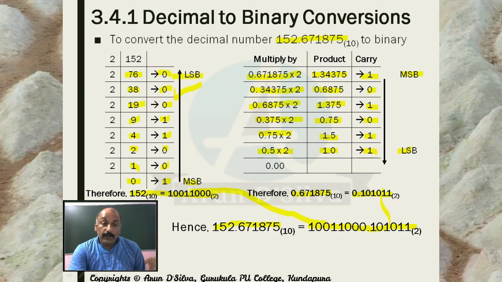So what you have to do at a certain point, if you don't get 0, is after some 7-8 digits of the carry part, you can stop there. If you get 0, well and good. If it repeats, the same thing will be repeated. Now in these cases it is not repeated. If it repeats, then you can stop after 7-8 digits. Yes, students. Let me go forward.